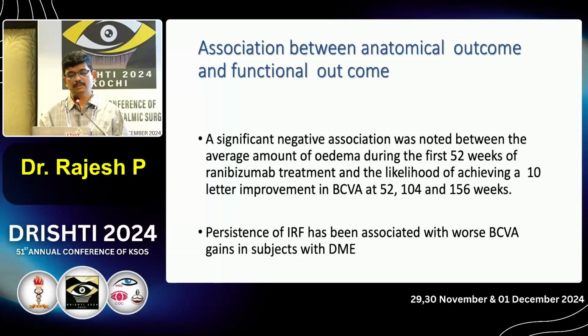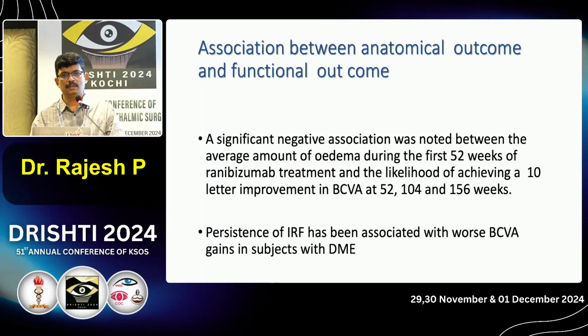When you compare visual and anatomical outcome, patients with persistent macular edema are likely to have poor visual outcome. So rather than just looking at the visual outcome, it is equally important to have a good anatomical outcome to have a good visual outcome.